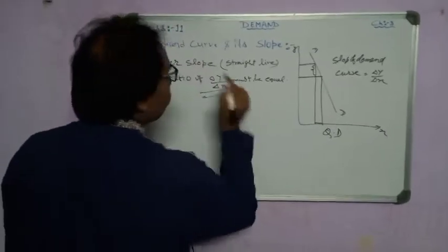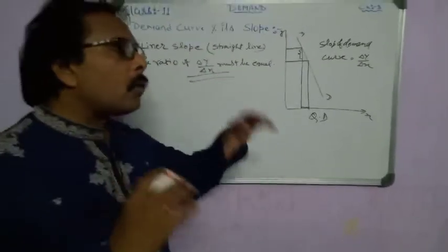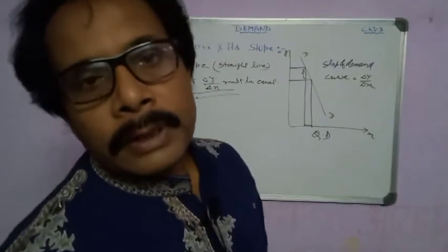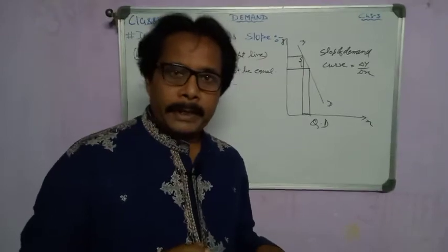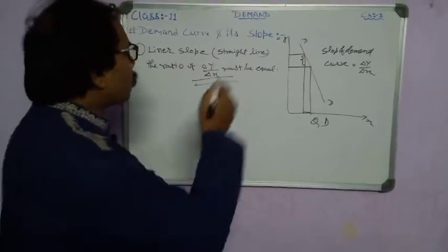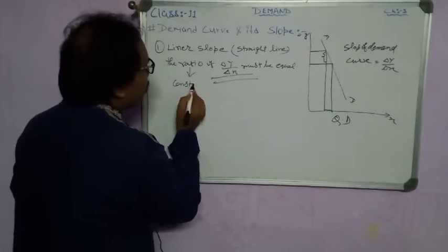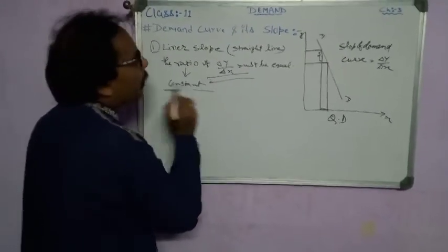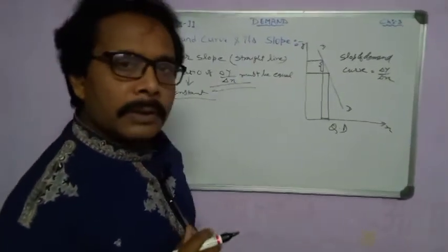Is it clear? It means however much y goods is sacrificed, the same amount of x good is obtained. And when the ratio will be constant, our demand curve will be a straight line DD. Is it clear?